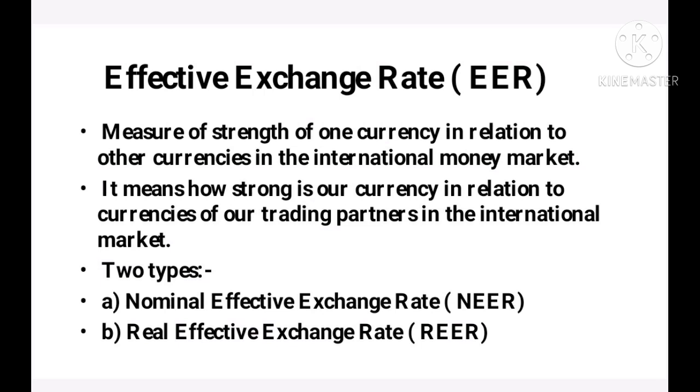It does not account for changes in the price level while measuring average strength of one currency in relation to the other. Second, real effective exchange rate, REER, which accounts for changes in the price level across different countries of the world based on constant prices or real exchange prices.